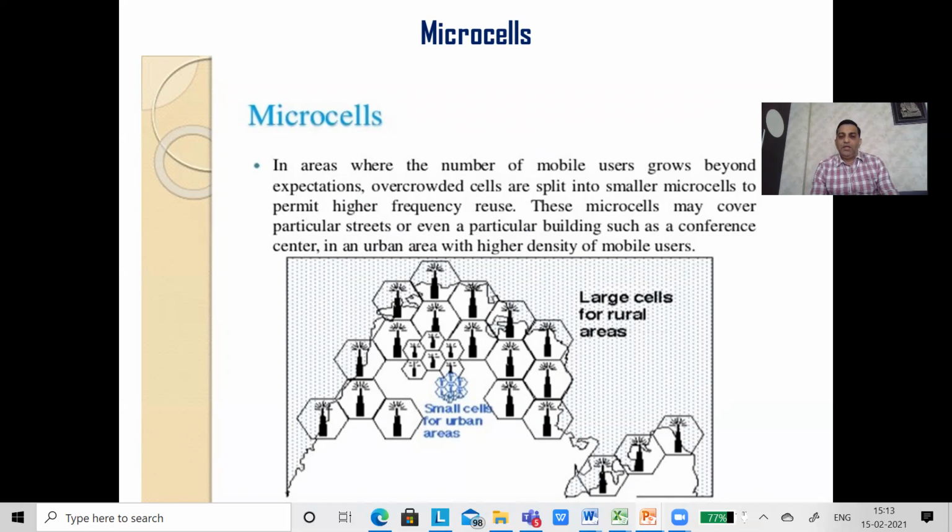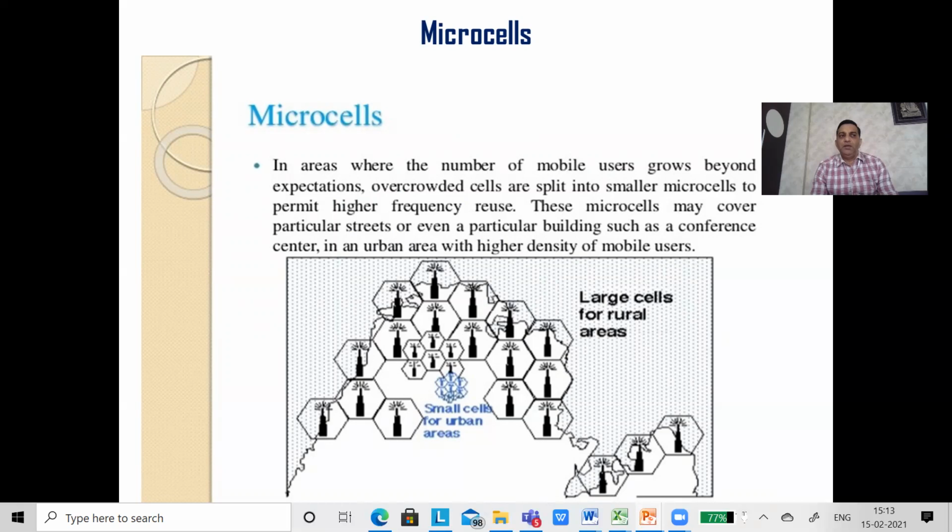So in the diagram shown here, large cells are used for village areas and small cells are used for urban areas. When we are dividing a large cell into small cells, every time the division will be performed with the radius of r by 2. So if a large cell, suppose, has a radius of 20 kilometers, then dividing that large cell into small cells or microcells, its radius is going to be reduced by half.